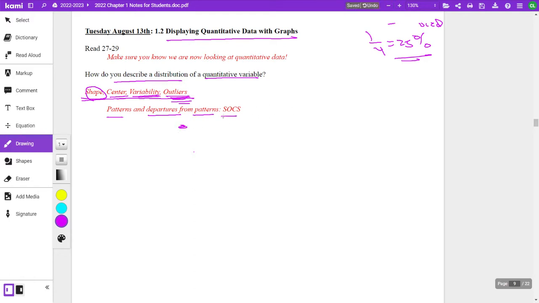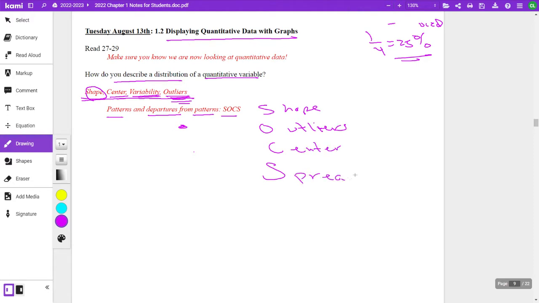So we use an acronym called SOCS, spelled this way with a C. It just means we got our shape, we got our outliers, we got our center, and we got our spread.